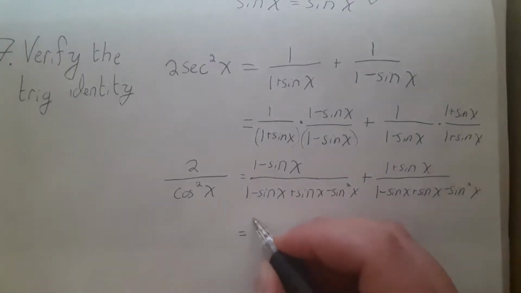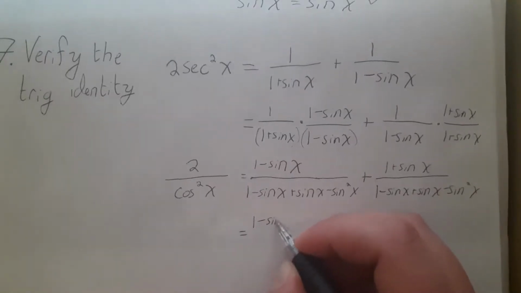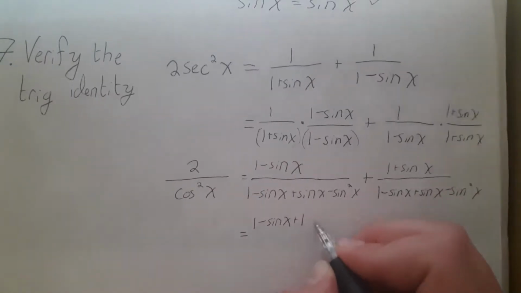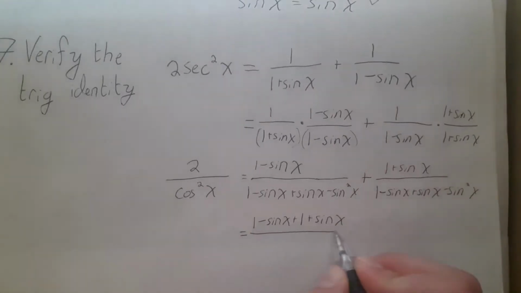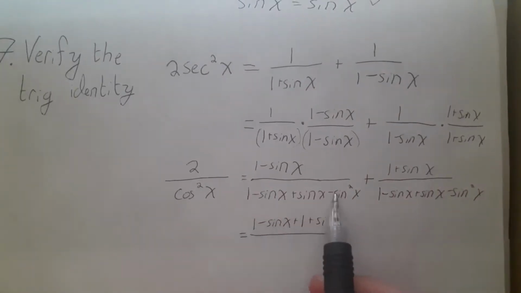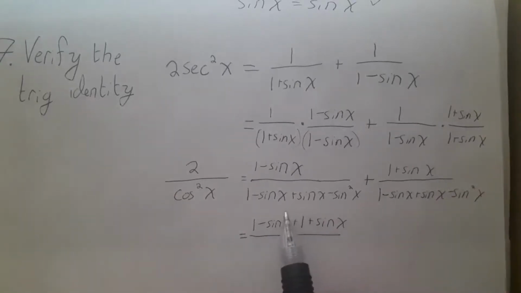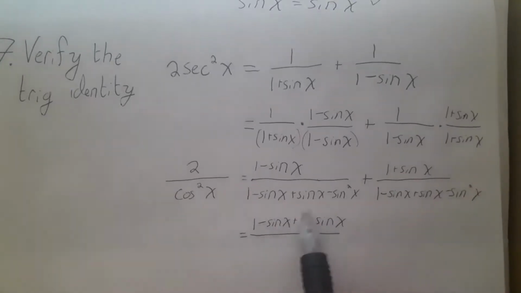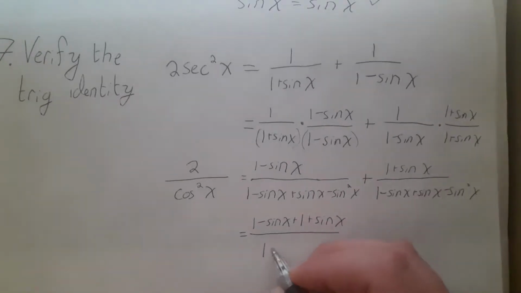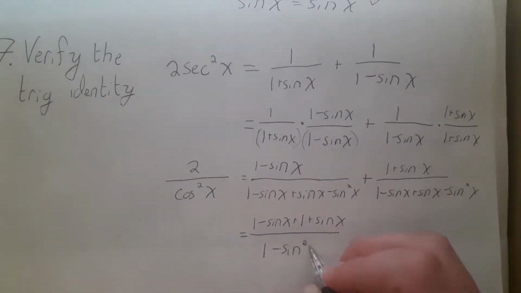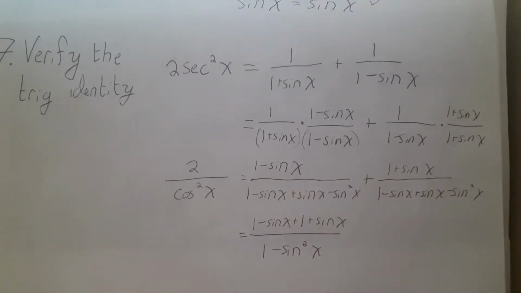So on the top, we're going to have 1 minus sine x plus 1 plus sine x divided by the denominator. And if we look at the denominator here, it has a negative sine x and a positive sine x, so those two will cancel, and we'll be left with just 1 minus sine squared x.